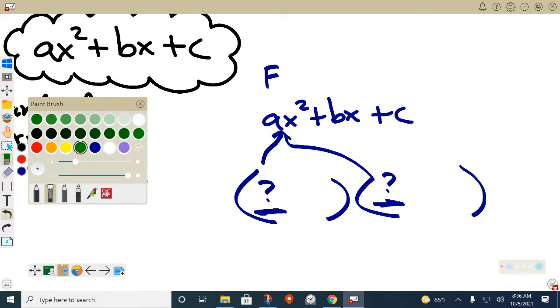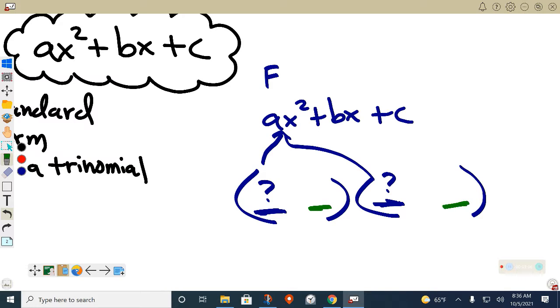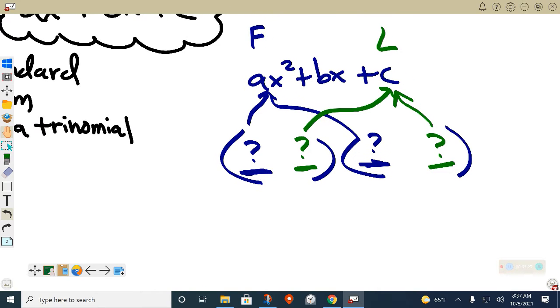I'm going to color code here now. These two terms, the last ones, have to become your c if you multiply them. That's your lasts. The first become the first term, the last in green become the last term. And then watch this now.